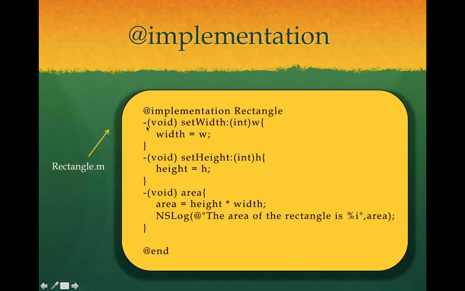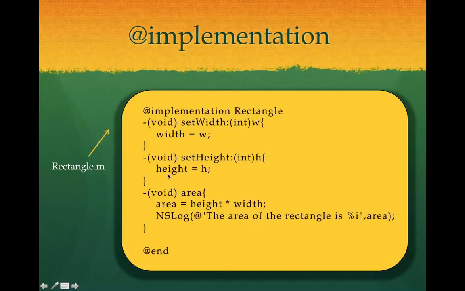As you can see, I just copied the @interface one. So this is void setWidth int w, and I open two curly braces and implemented my method, which is just assigning the argument here to the width that I have declared in my previous file. So this is all for this method.